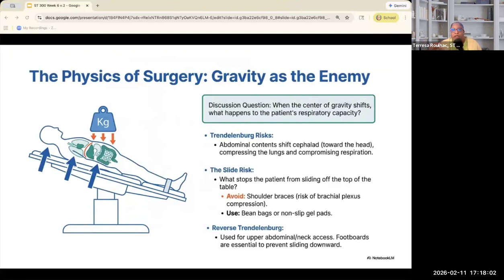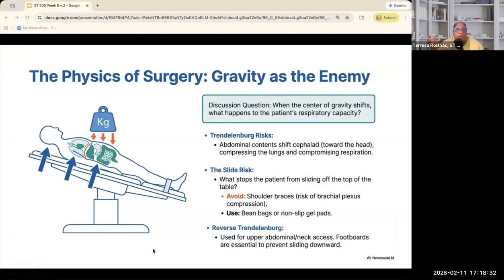Okay. Now, in Trendelenburg, the abdominal contents shift towards the head. Okay. When we look at why certain positions are done versus others, we look at how to prevent complications before they start, especially in those longer cases.